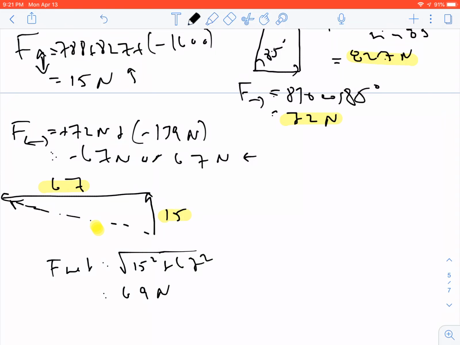Now, I need to also know the direction, so I'm going to use my tan theta is equal to opposite divided by the adjacent, 67 over 15, giving me a theta, an angle for the direction of 77 degrees.